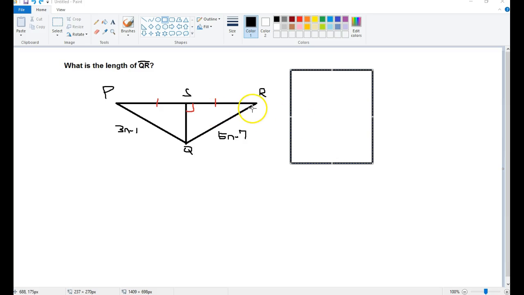So from just seeing that, from the theorem we just had before, we can now know that QR and PQ, or QP, are going to be congruent because Q is equidistant from R and P. So knowing that, we can set up that 3n minus 1 is equal to 5n minus 7.